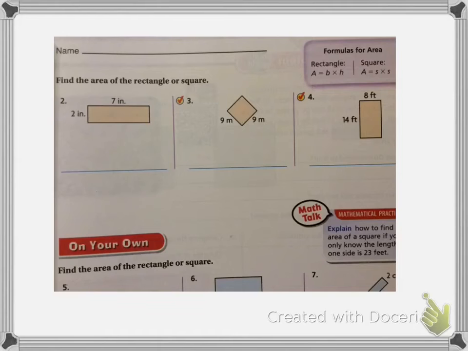Number 2 here, find the area of the rectangle or the square. We have 2 inches by 7 inches. So I'm just going to do 7 times 2, 14 inches squared. Okay.